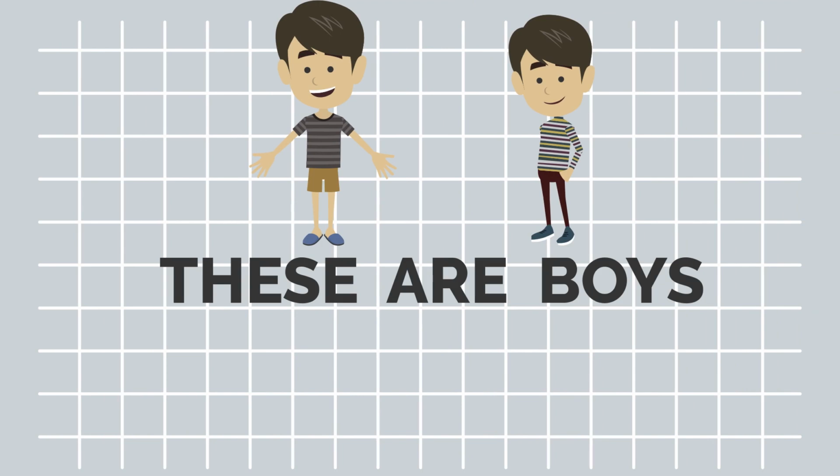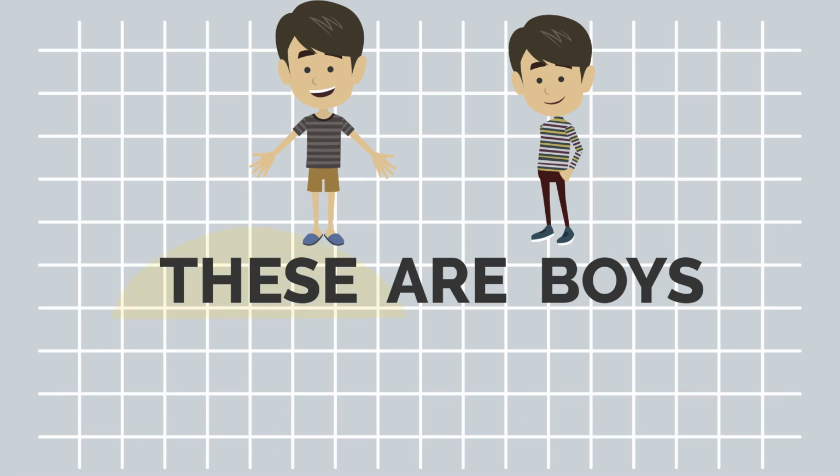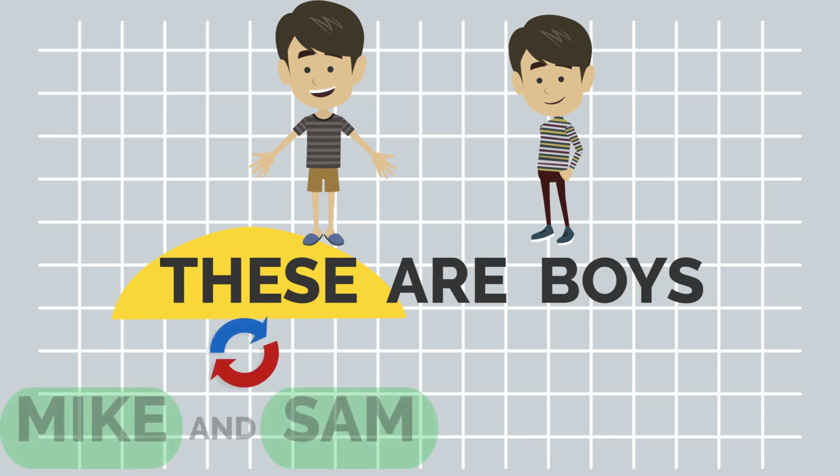These are boys. These is a demonstrative pronoun. It replaces the nouns Mike and Sam.